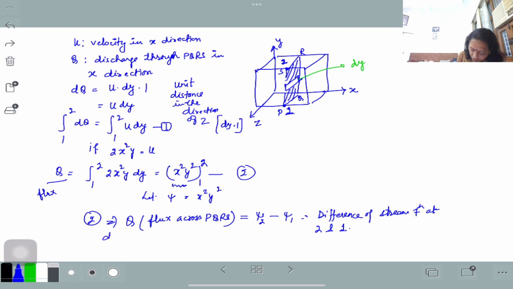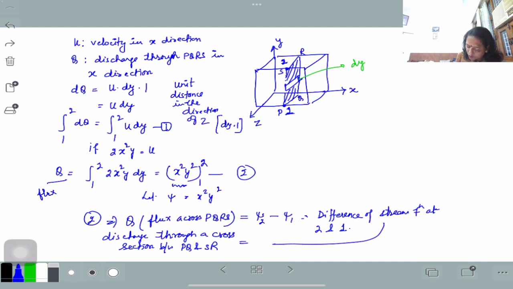So discharge Q means the discharge through a cross section between PQ and SR, and this is equal to the difference of stream function at the two lines.